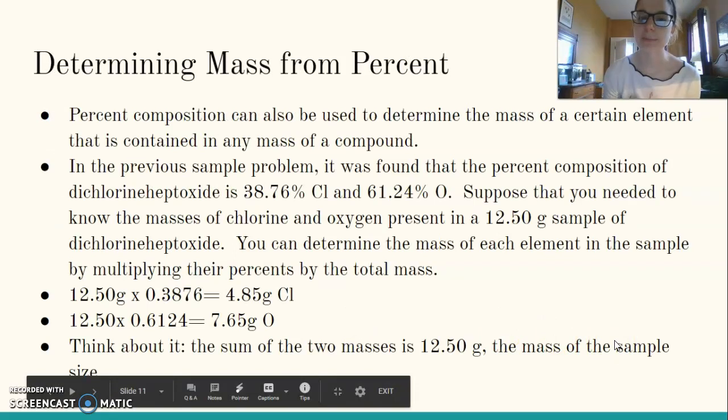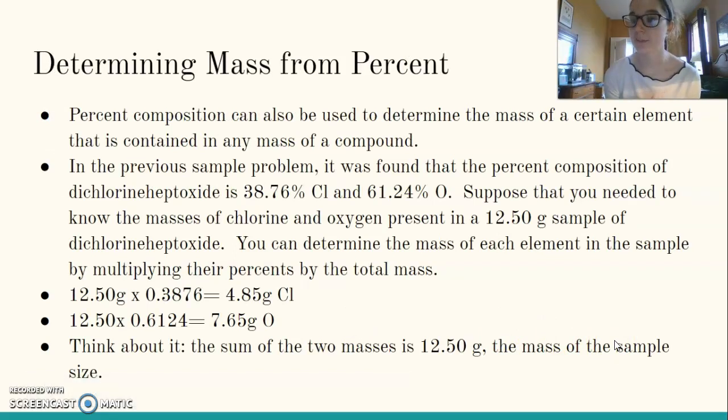We can also work backwards and determine mass from percent, given the sample. So percent composition can also be used to determine the mass of a certain element that is contained in any sample of a compound. In the previous example that we just did, we found the percent composition of dichlorine heptoxide using the chemical formula.